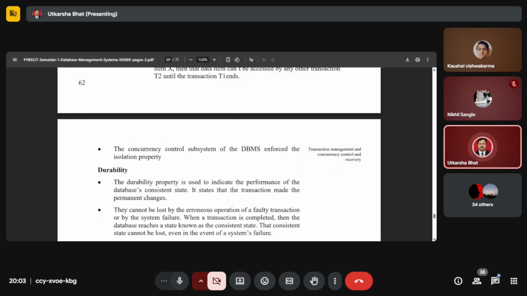The concurrency control system of DBMS controls the isolation property. Durability. The durability property is used to indicate the performance of the database consistent state. It states that the transaction made the permanent changes.